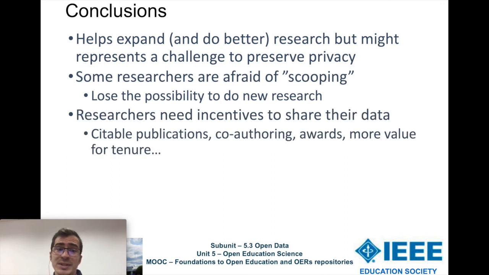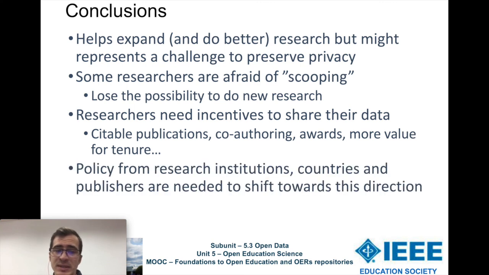Then we need to generate incentives so that these researchers who are afraid of potential scooping actually want to share their data. There are several ways that we could do this, but some ideas could be to make these publications completely citable, which is something that is already being done, the possibility of co-authoring if other researchers use your data, awards to the researchers that are more open regarding their data, or providing additional value for tenure or promotions.